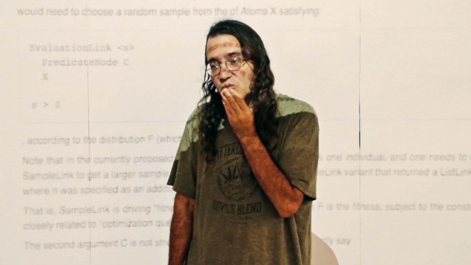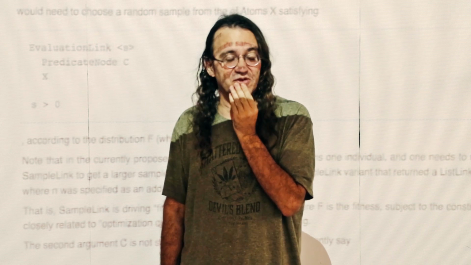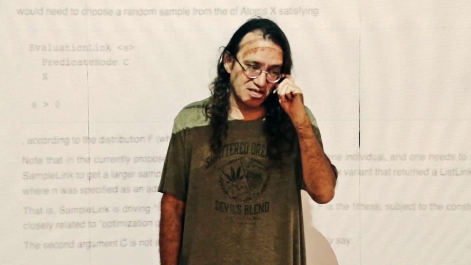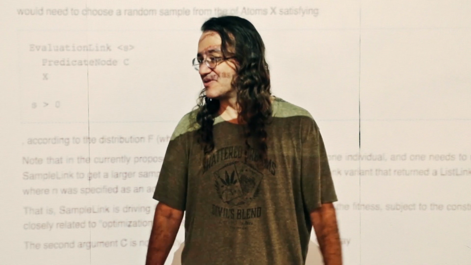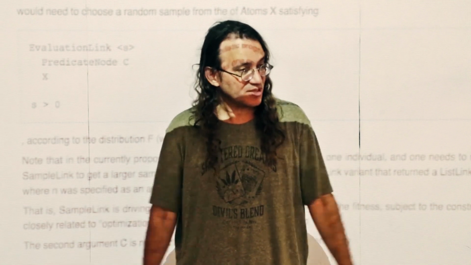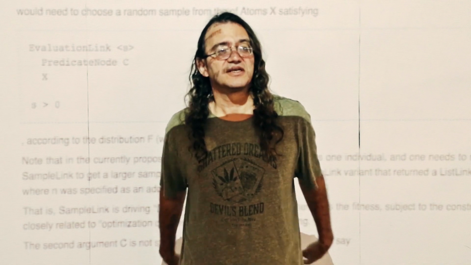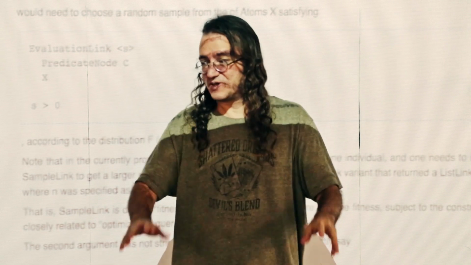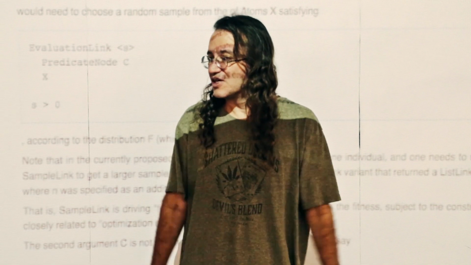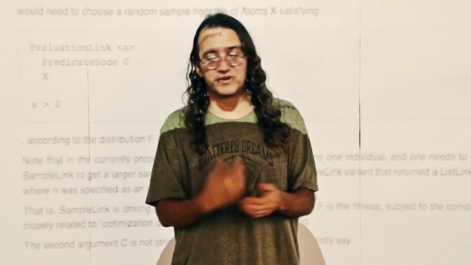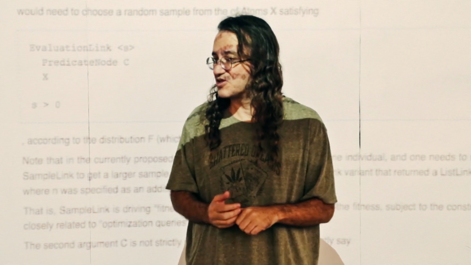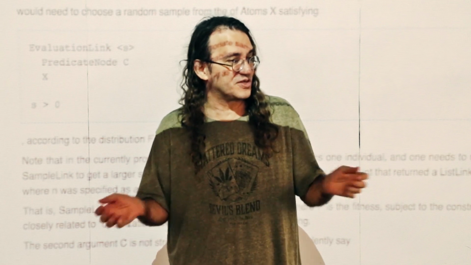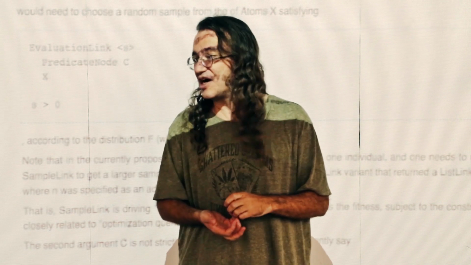One very simple example of that is what Ms. Ghana has recently done with attention allocation, where to update the importance of atoms in the atom space, but not the attentional focus, you're grabbing an atom with a probability proportional to its short-term importance. That's like fitness proportionate sampling, where the fitness is the STI value.